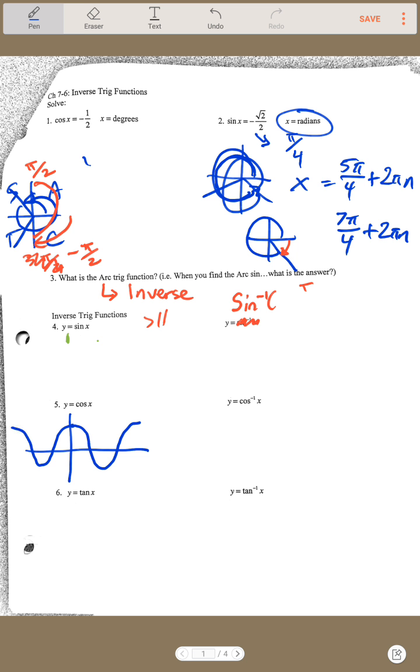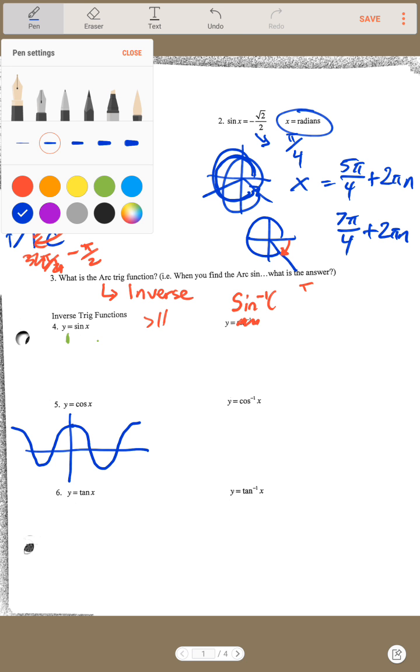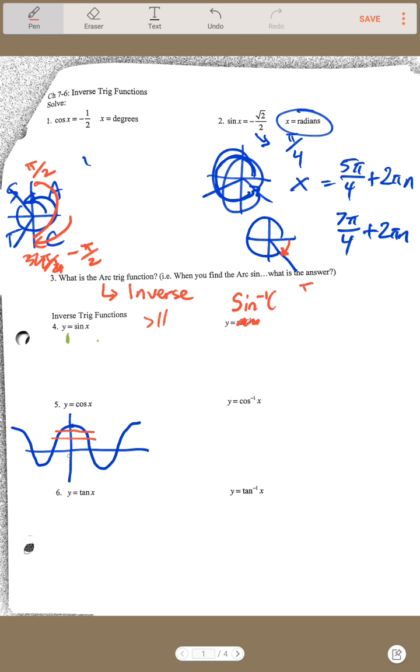Again, what we want to do is see if it actually does have an inverse. For it to have an inverse, remember, it needs to pass the horizontal line test. And as we take a look at this graph, you'll see the horizontal line test is not passing in the same area that the sine graph was.